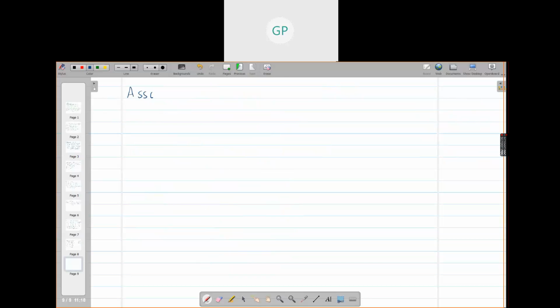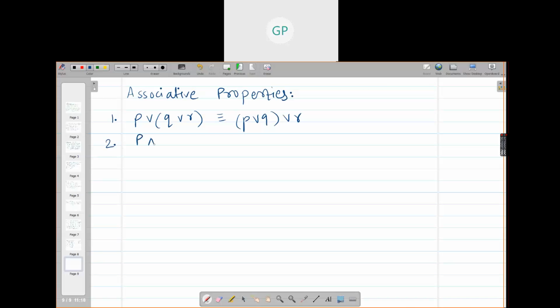Associative properties. P or Q or R is equivalent to P or Q or R. P and Q and R is equivalent to P and Q and R. So we are just grouping them differently, or pairing them differently.